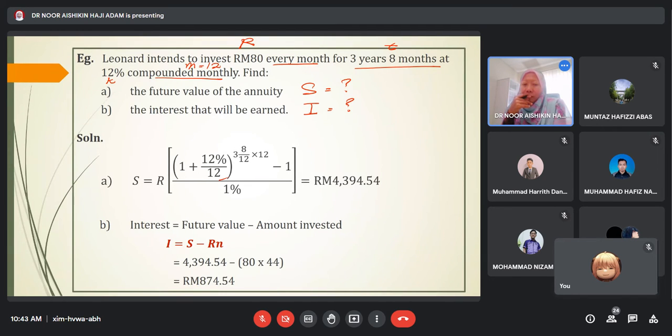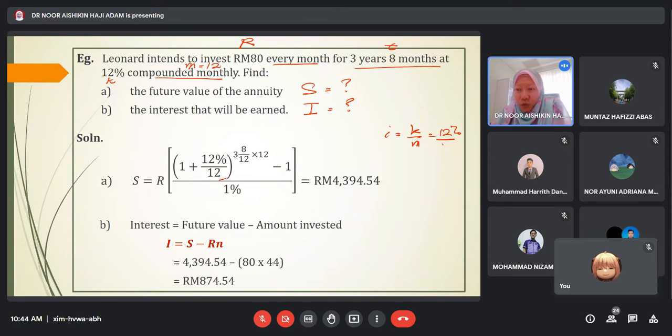So, clear? Clear tak? Where does the 1% come from? Okay, 1% is your I. What is the formula for I? K over M, correct? What is your K? 12%.